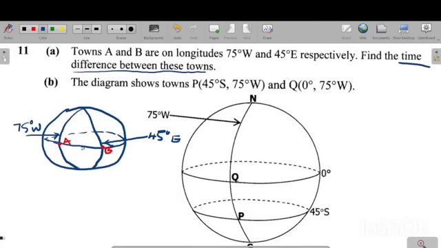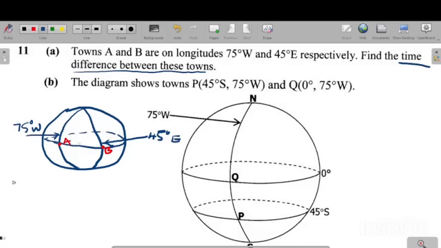Difference in degrees, that's the first step. Now how are you going to find the difference in degrees? If the two towns are in the same region, let's say they are all in the west, you are going to subtract the degrees. But since these towns are in different regions, to find the difference in degrees, you are going to add these two.